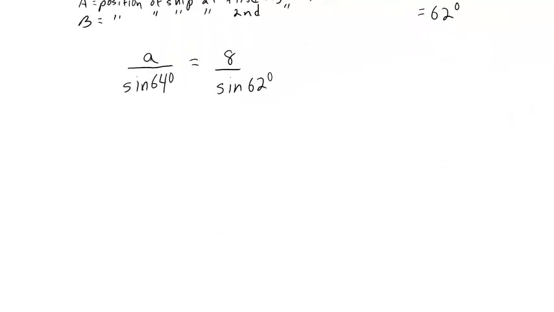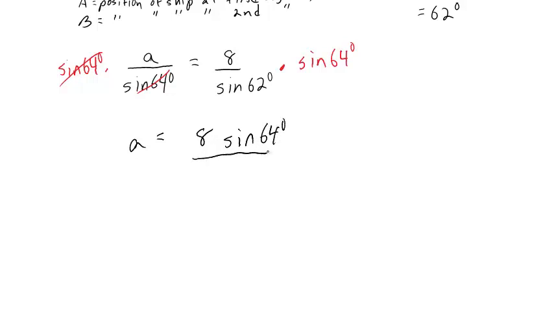You guys are all stunned. So shake it off. That one's relatively easy to solve, isn't it? Yeah, the picture was rough, but this isn't bad. What do I do to both sides? Multiply by sine 64. And we have it, basically. So we have A is equal to 8 sine 64 divided by sine 62.